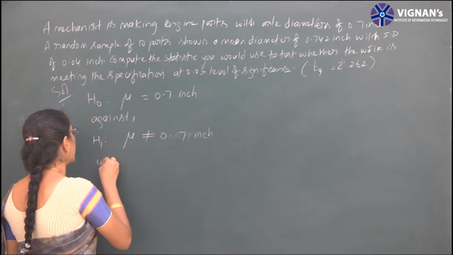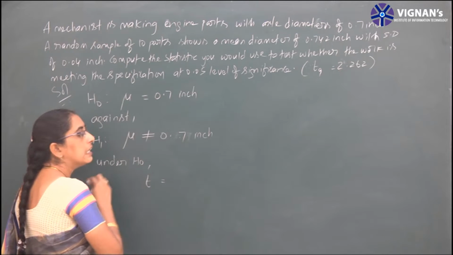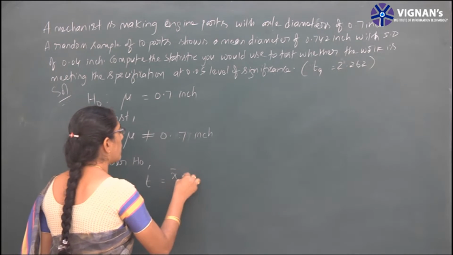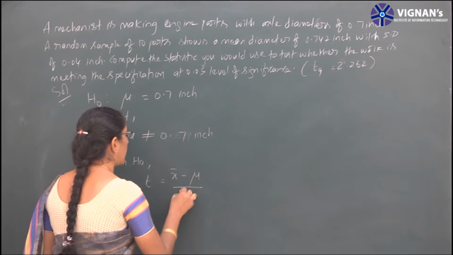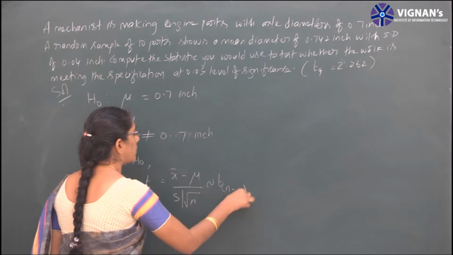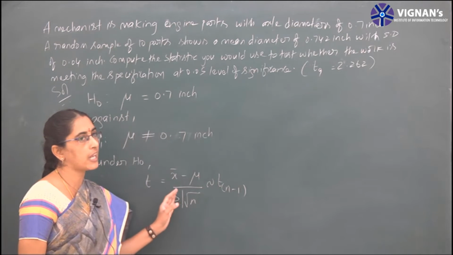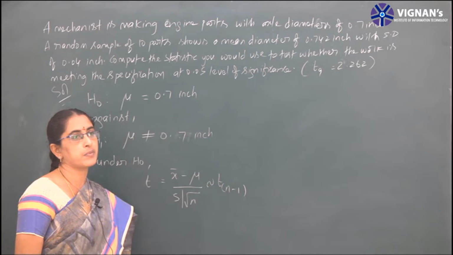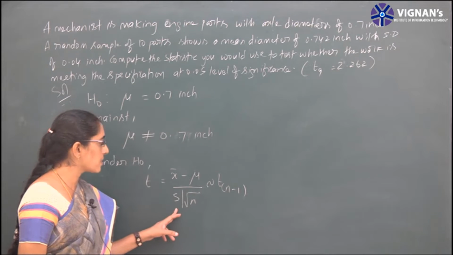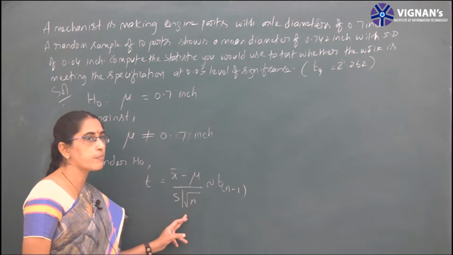Then under the null hypothesis, the test statistic is given by the formula t equal to x bar minus mu by capital S by root n, which follows a t distribution with n minus 1 degrees of freedom. Here directly the x bar value and the mu value are given. The independent samples are not given. So we have to use the test statistic t equal to x bar minus mu by capital S by root n.